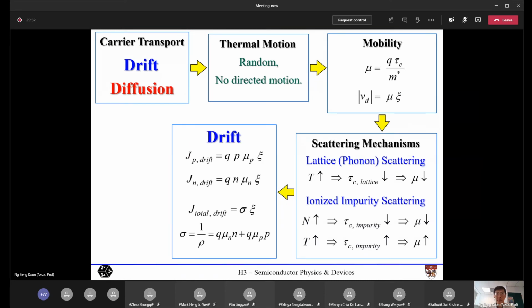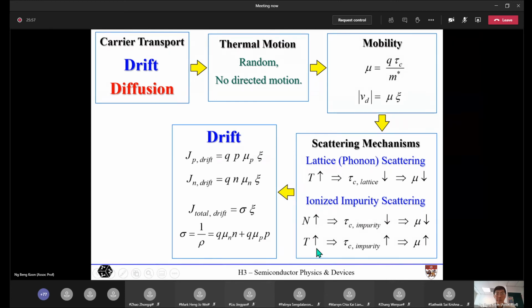This conductivity is related to resistivity by a reciprocal term, which is essentially the same as the conductivity and resistivity that you use for regular conductors or resistors.